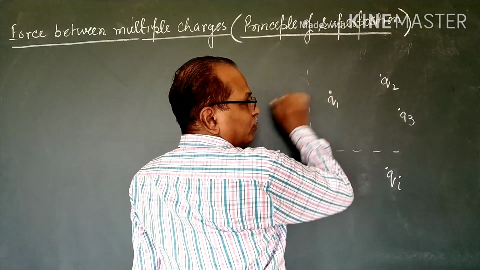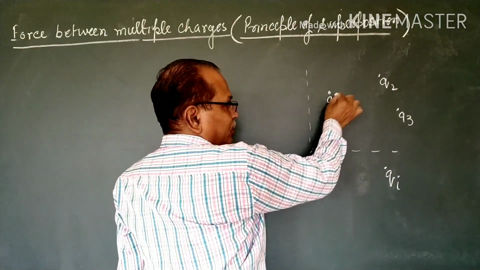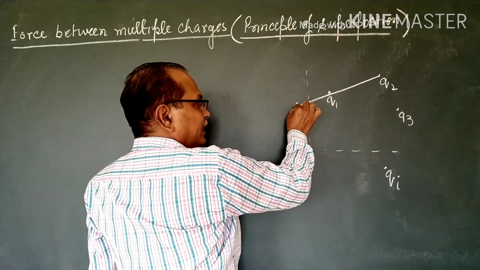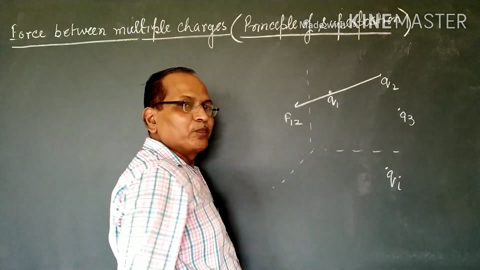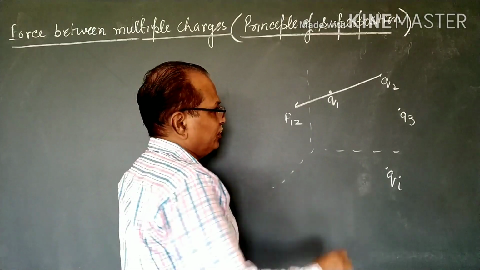Force on the charge Q1 due to the second charge, the direction of force will be like this. This will be represented as F12, force on the first charge due to the second charge.